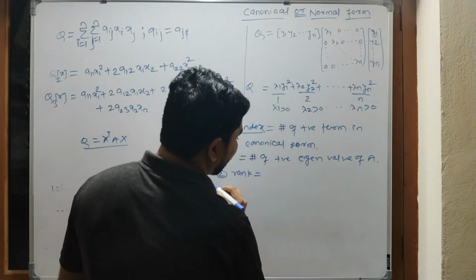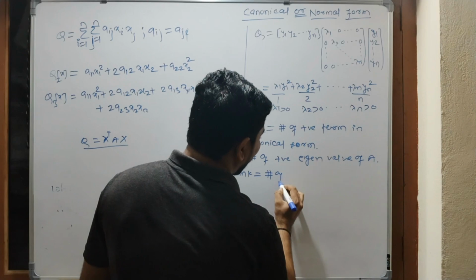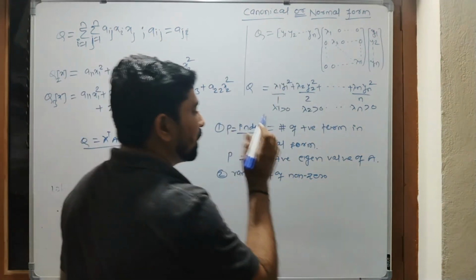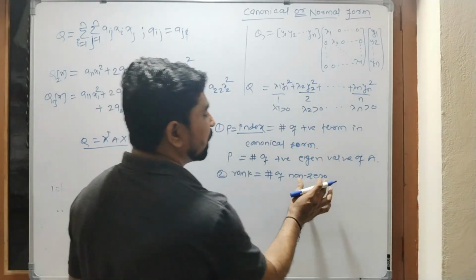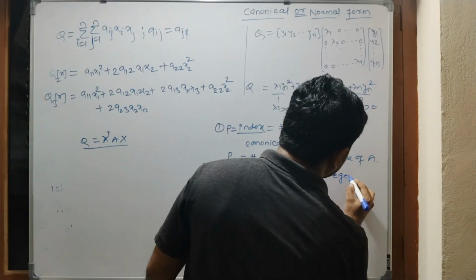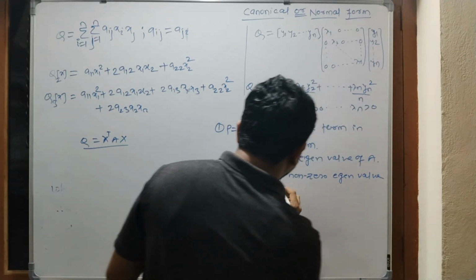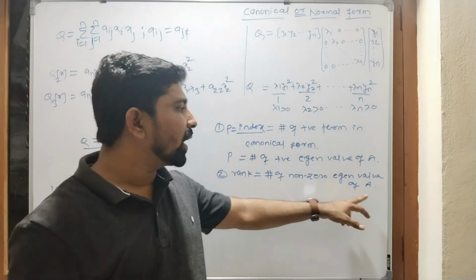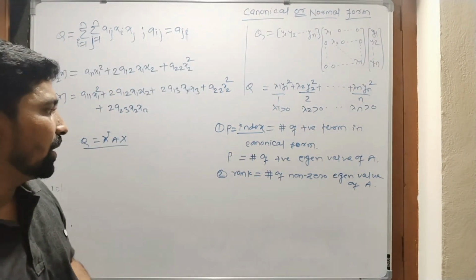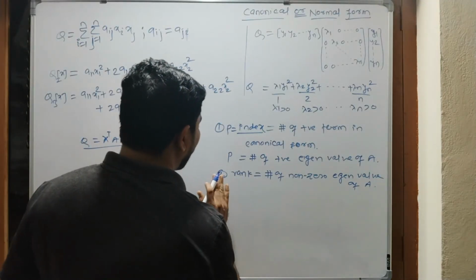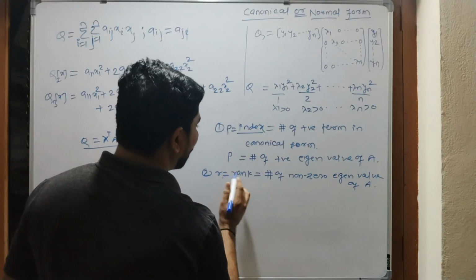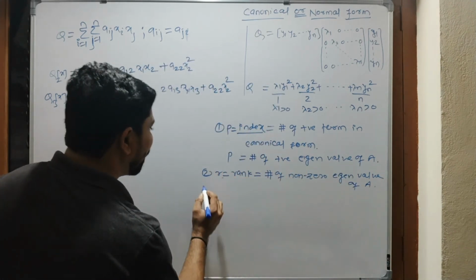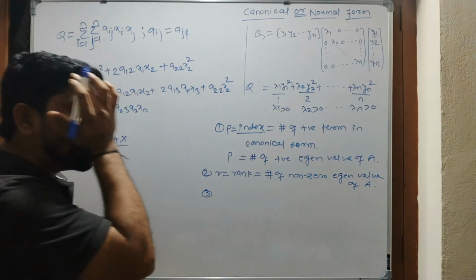The rank of the quadratic form is equal to the number of non-zero terms, or you can say the number of non-zero eigenvalues of A. That is my rank. It is denoted by R. So R equals the rank of the quadratic form, equal to the number of non-zero eigenvalues of A.